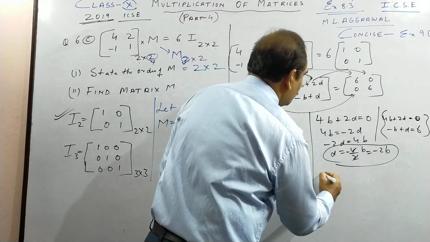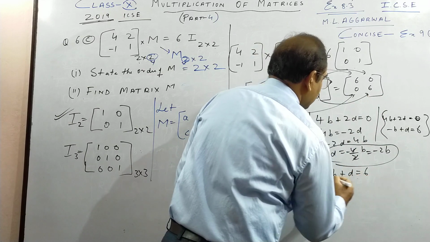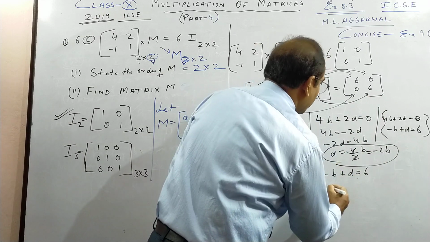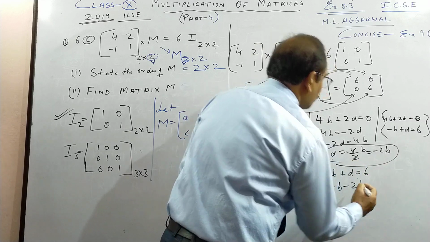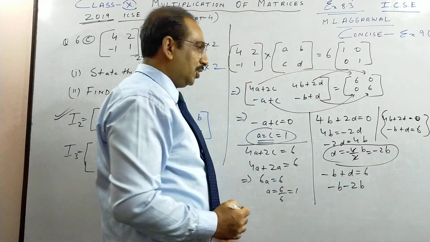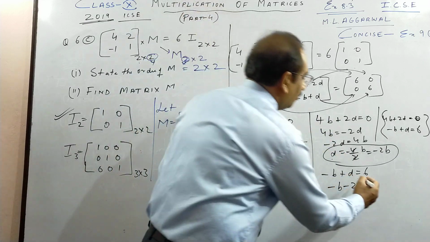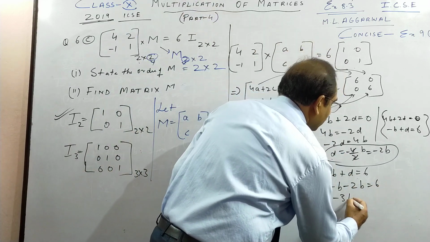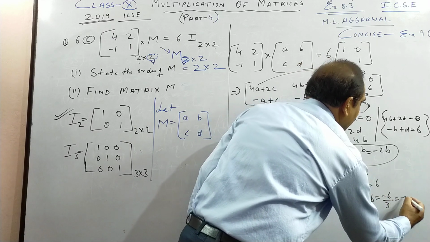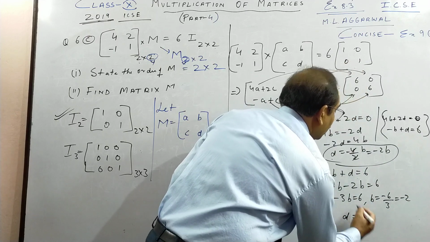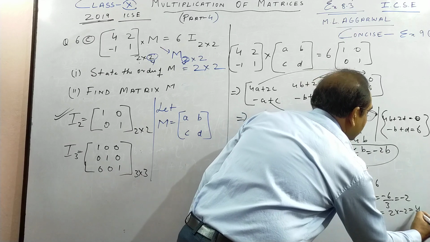Now come to minus b plus d is 6. You write minus b, and in place of d you write minus 2b, because d is minus 2b. Pause this part, play it back and try to understand. It's very interesting solving of equations. So you will get minus 3b as 6, b is minus 6 by 3, which is minus 2. Therefore d is minus 2b, so 2 into minus 2, this is minus 4.